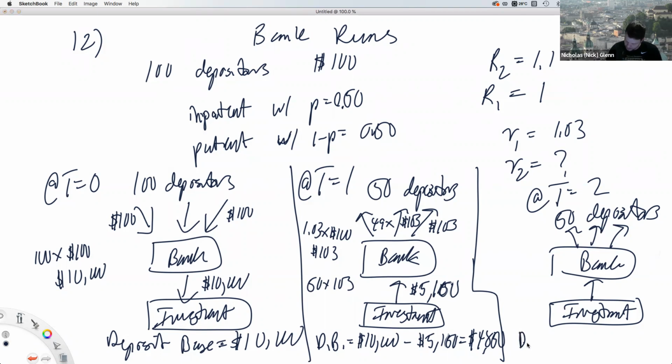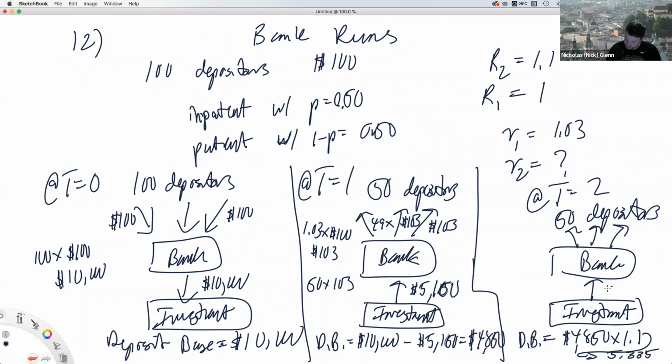And so what will the deposit base be now? You take the 4,850 and multiply it by 1.1. And what does this give you? Well, this will give you 5,335.